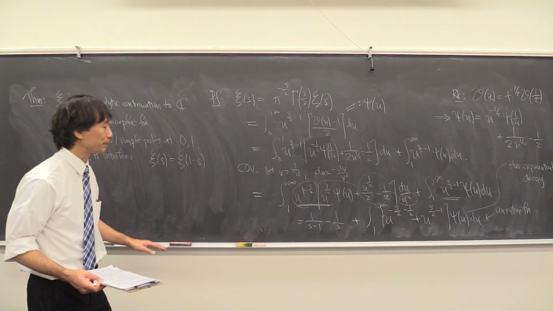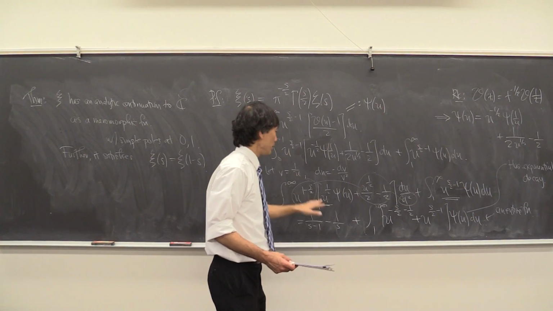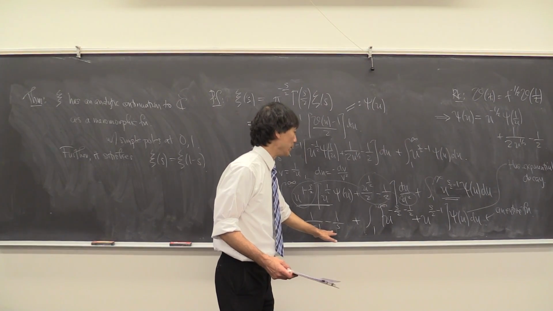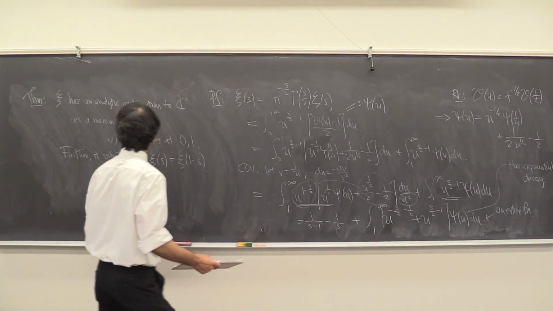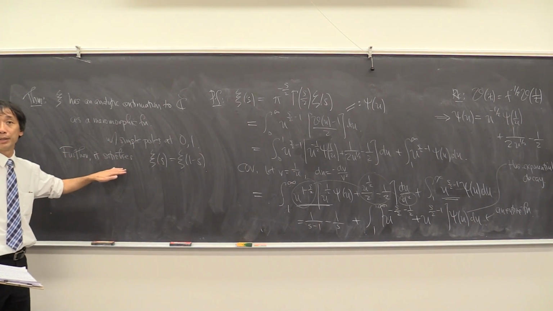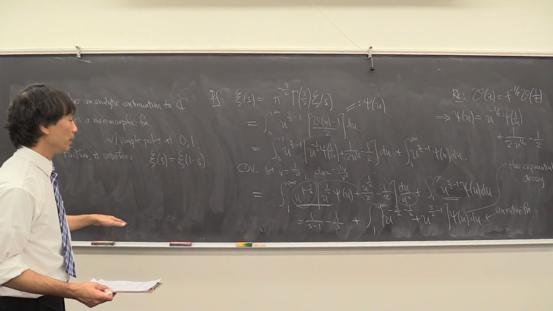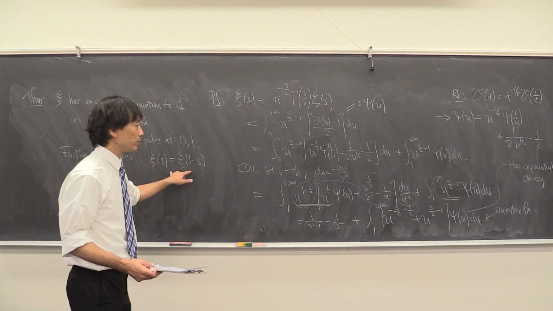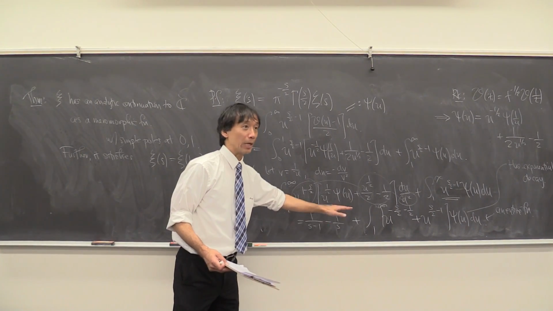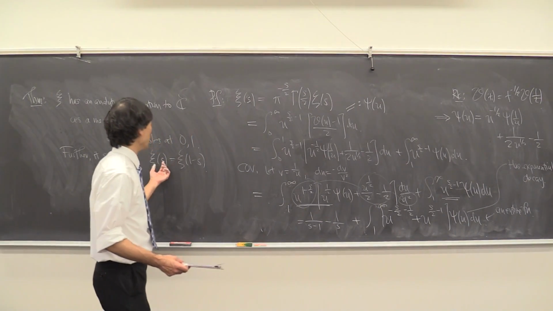So what you get is that xi is something that has poles at 1 and 0 plus this entire function, and so it is a meromorphic function with simple poles at 0 and 1. And it's straightforward to see that if you substitute 1 minus s for s everywhere, then you get the same expression. So this expression is actually symmetric between s and 1 minus s.